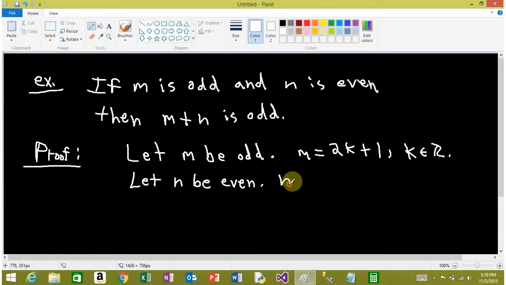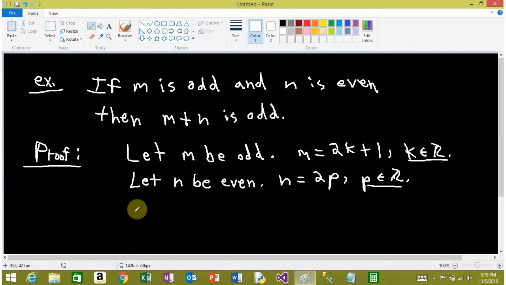So N is going to be equal to, let's say, 2p, and p is an integer. This notation on the side, k in Z and p in Z, means that k is in the set of integers and p is in the set of integers, and Z is the set of integers, that script looking Z.